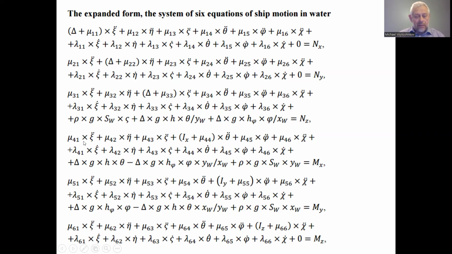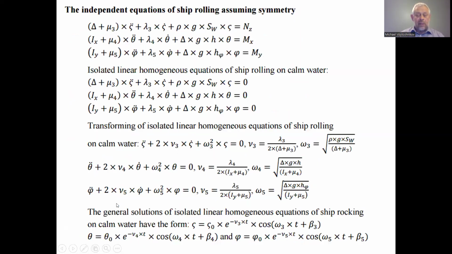It consists of the inertial forces proportional to second degree derivatives, forces of resistance proportional to first degree derivative, and forces proportional to the ship dimensions itself. And next we can simplify these equations.